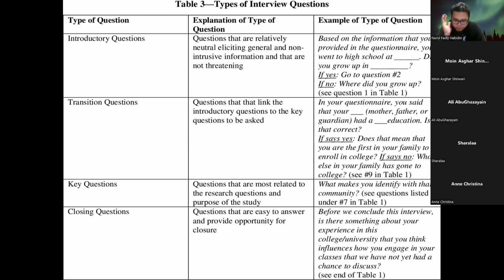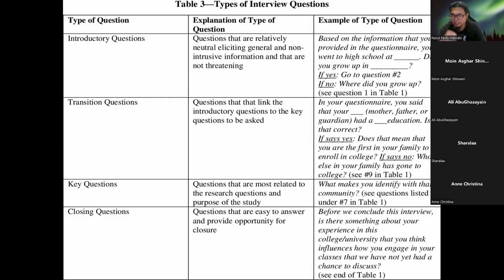Okay, so you have the introduction section, you have the transition, you have the key question, and also the closing question. Students should decide whether you want to have 10 questions or 50 questions, 20 questions. If you have 10, 15 or 20 questions, you can divide by category: introduction, transition, key question, and closing question.